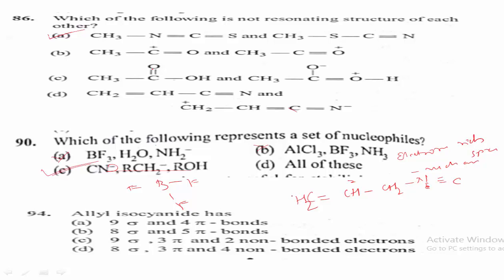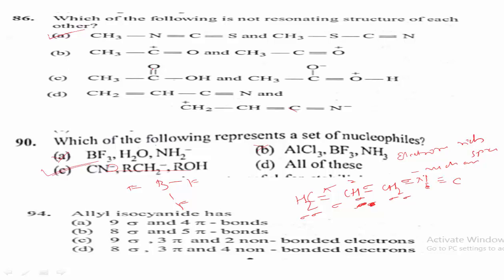Okay, students, here CH2 means it contains 2 sigma, and here the double bond means it contains 1 sigma and 1 pi. Here H means 1 sigma, a single bond means here also 1 sigma, and CH2 means sigma and sigma. Here a single bond means 1 sigma. Is it right?